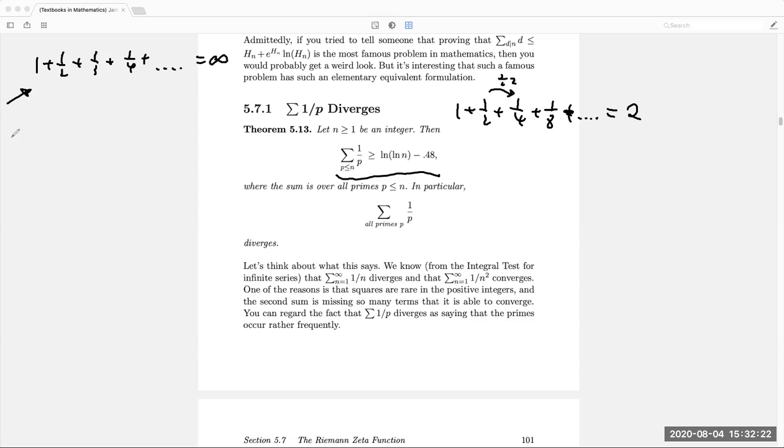So what I need to do is write down more terms here first. Let me write some more terms.